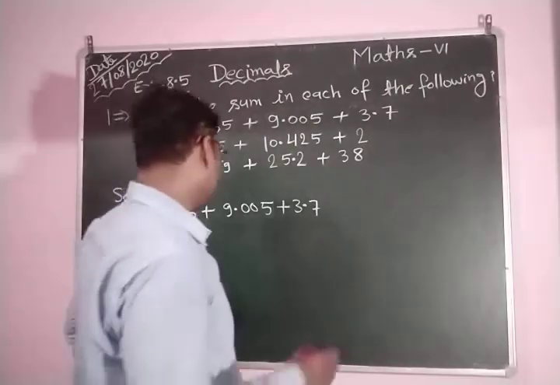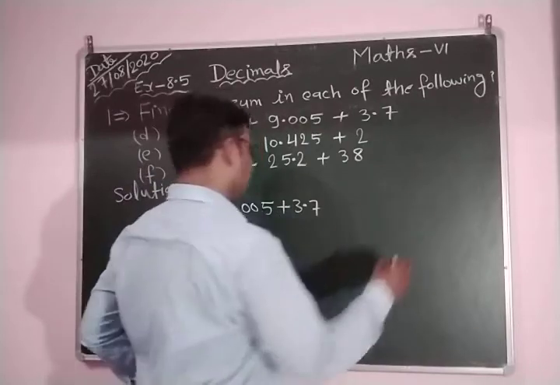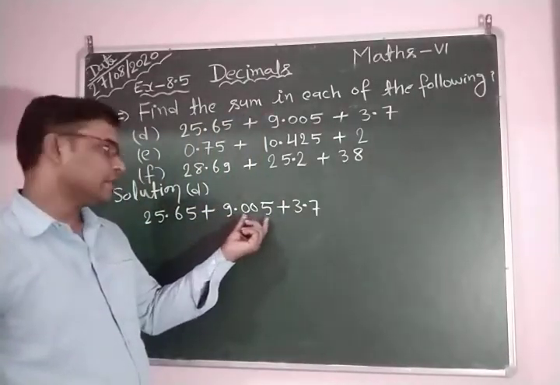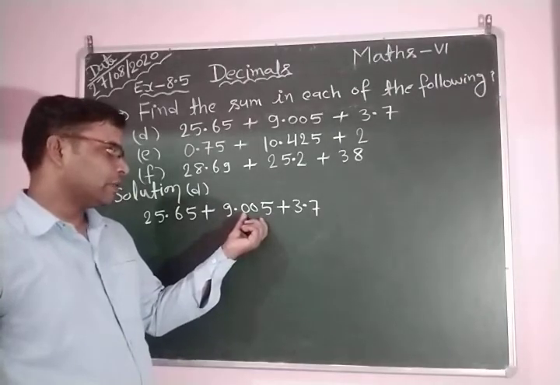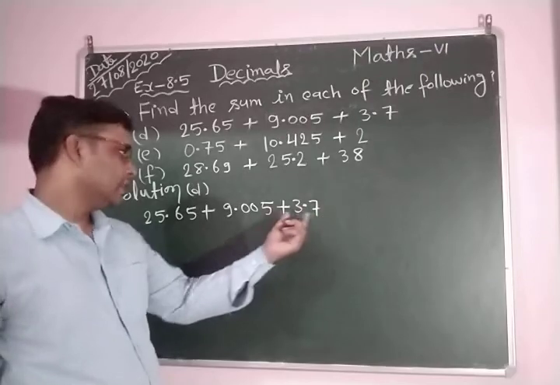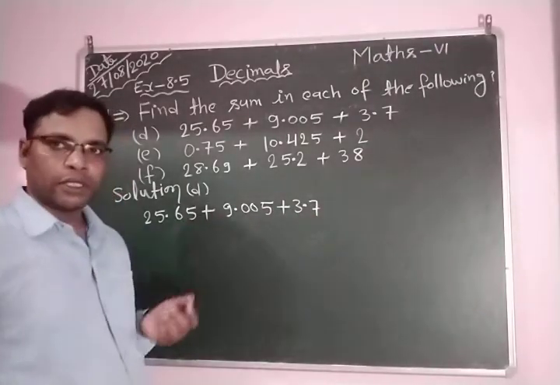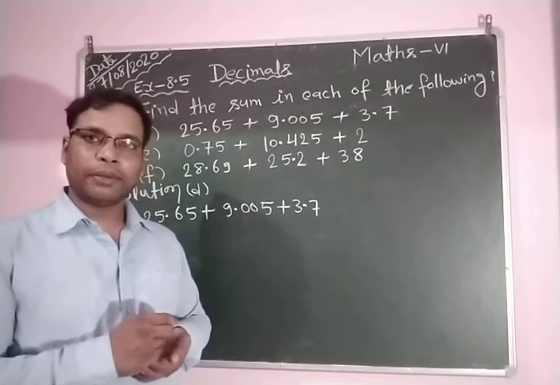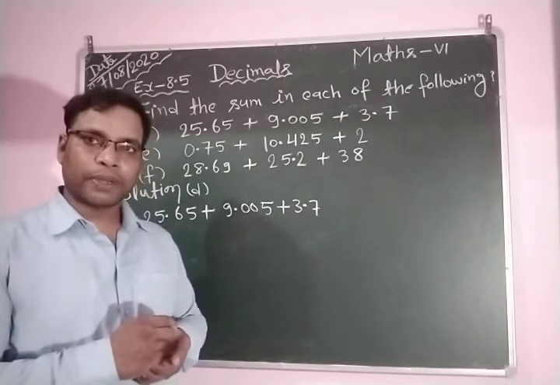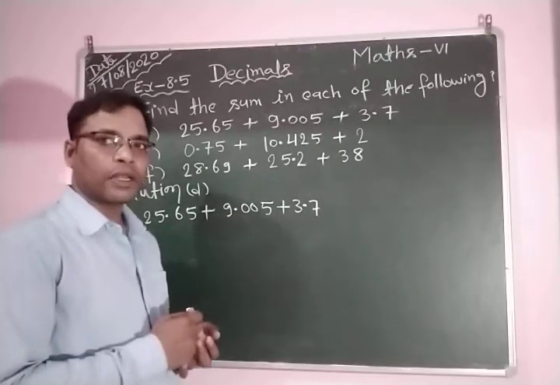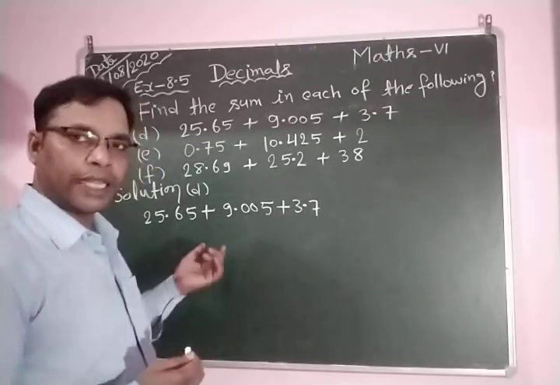So here we write, and you can see in these decimal numbers, after the decimal point there are 3 digits here, 1 digit here, and 2 digits here. So we make each decimal number have 3 digits after the decimal point, to make them like decimals.